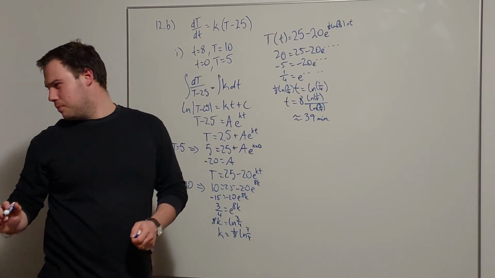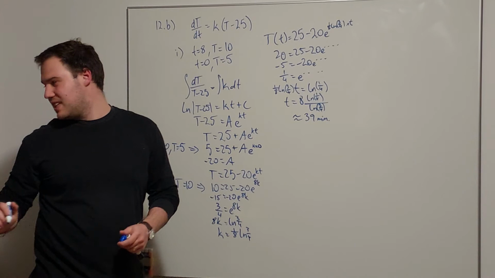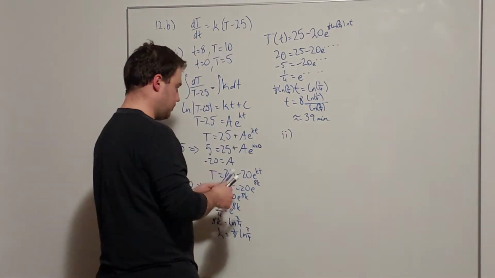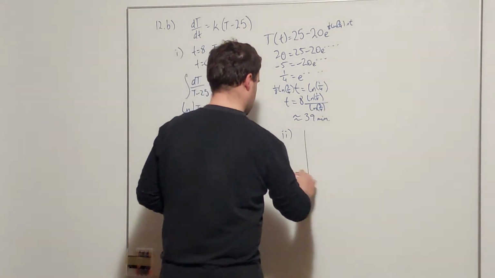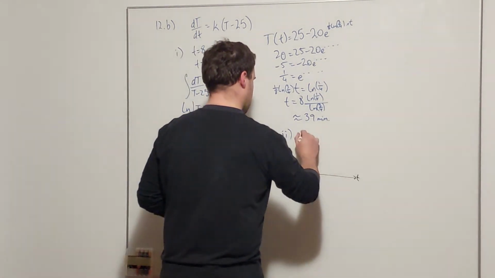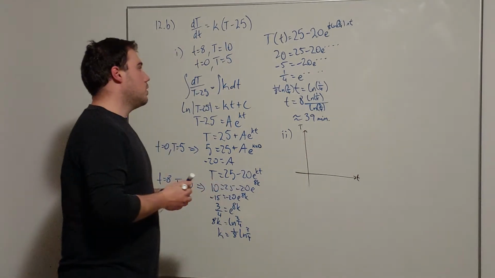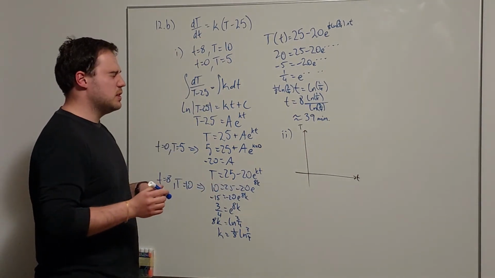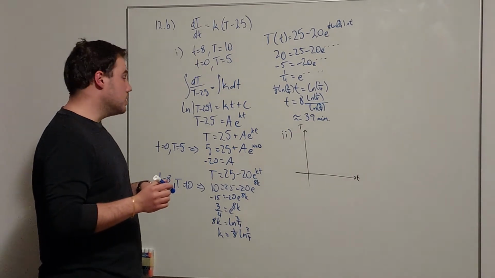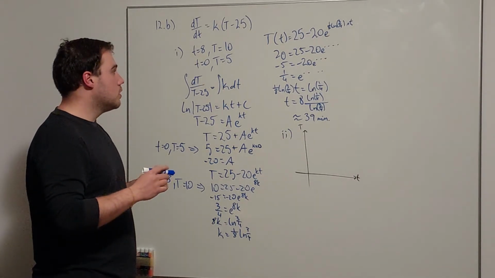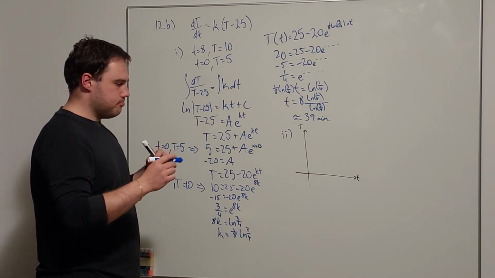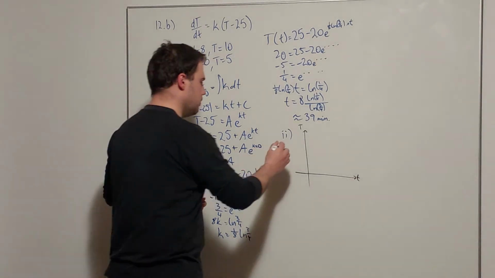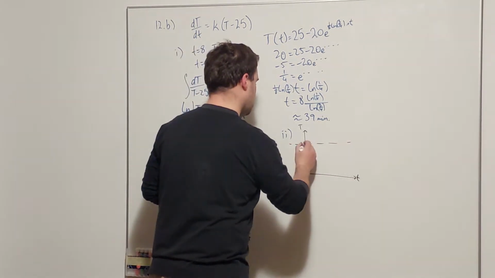Alright, part I: sketch the graph of t as a function of time. Okay, so we've got a bottle at 5 degrees initially, and then it is coming up towards the ambient temperature at 25, room temperature.